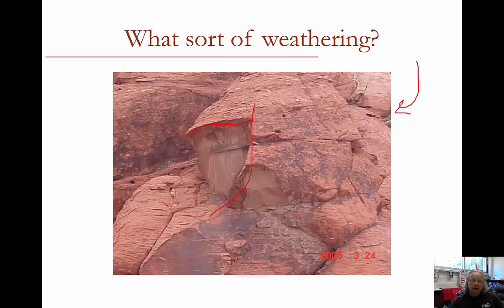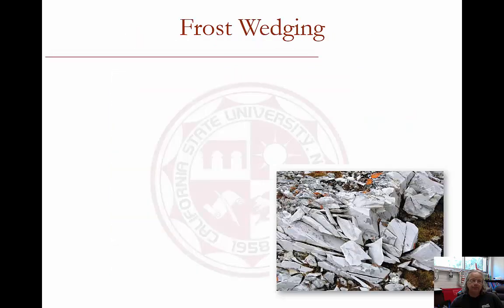I think you can see it's a deserty landscape, so that could have been salt crystal action. You can see the salty deposits going down the side of this hillside, this rock. But it was also out in the Mojave, where it does get cold enough to have some frost action, so it could have happened during a freeze event as well.